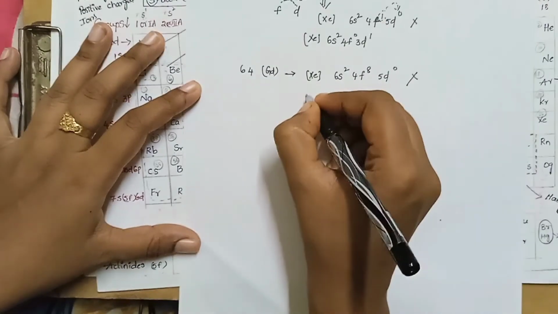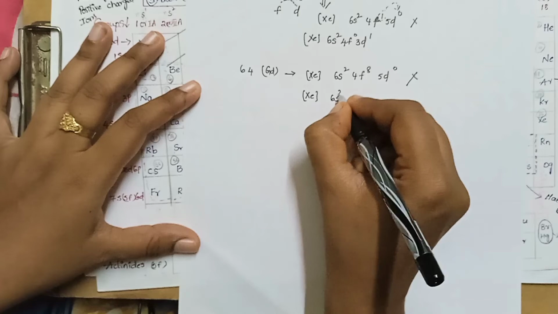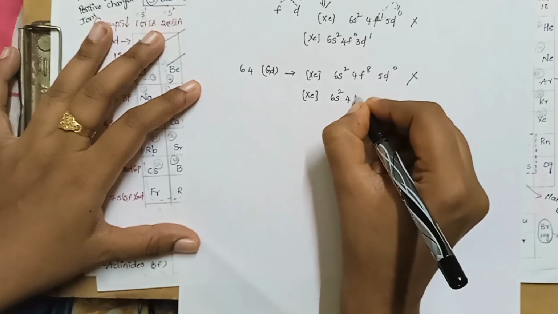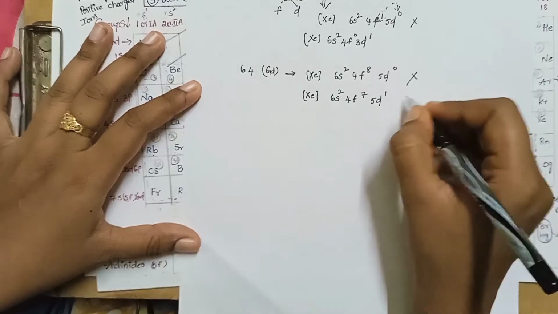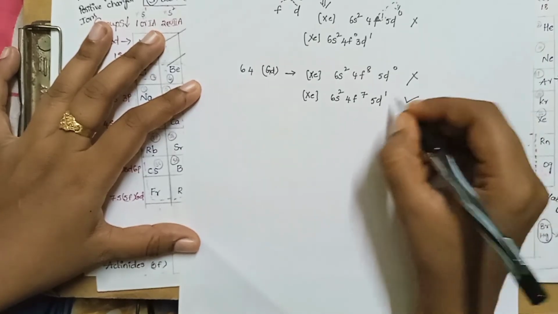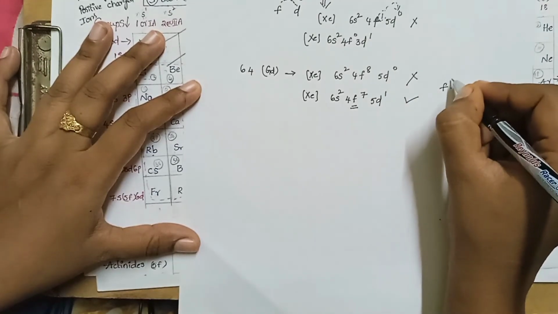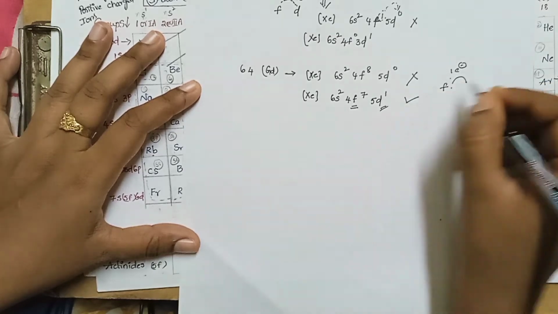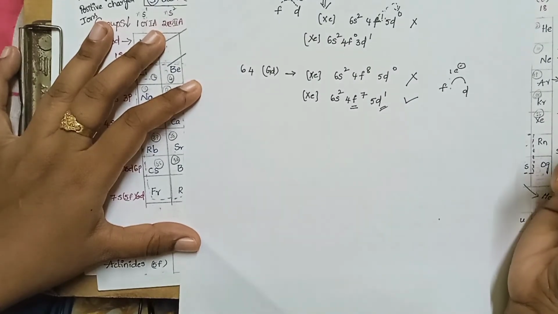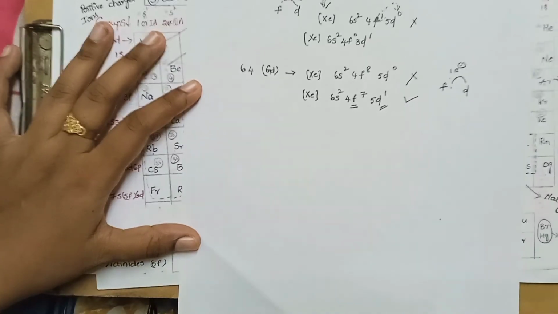The right one is xenon 6s2 4f7 5d1. So the one electron from the f subshell shifted to the d subshell.